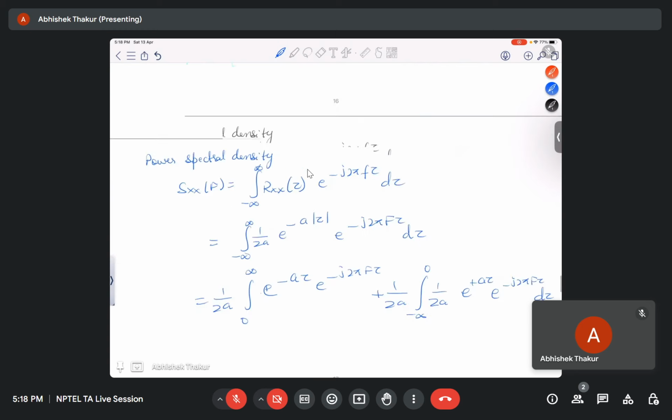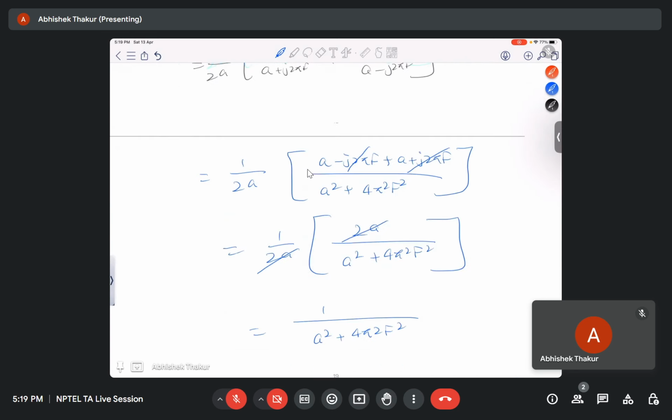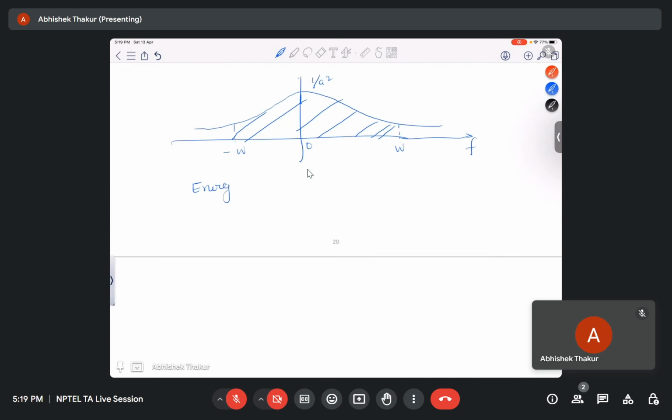It is asking to calculate the bandwidth required which contains 90% of the signal power. So the power of x(t) in minus omega to omega is equal to 90% of the total. So 90 by 100 into 1 by 2a is equal to the integration of the power spectral density from minus omega to omega.